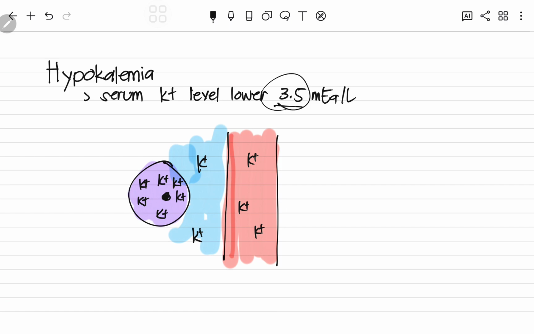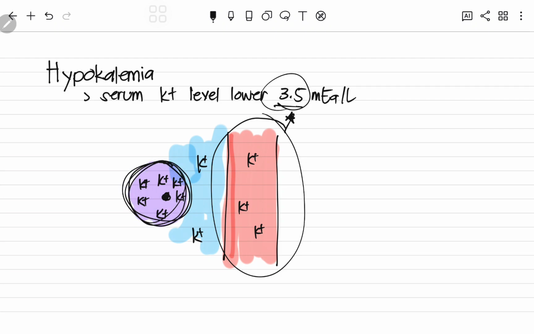So what's allowed inside the bloodstream is the 3.5 to 5 milliequivalent per liter amount of potassium. So this is the reckoning point of everything. Ito yung nakakalimutan ng estudyante, because when they think of potassium, they immediately think of those that are located inside the cell. No. And that's a wrong connotation.